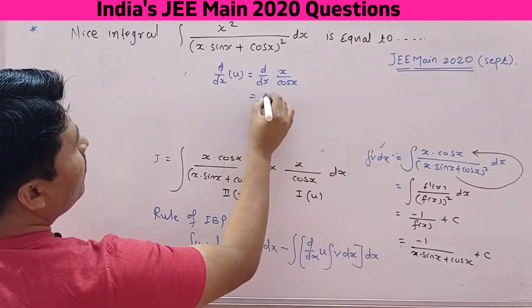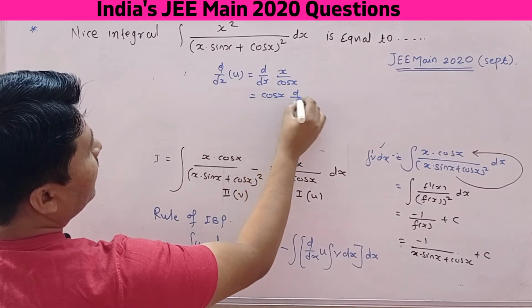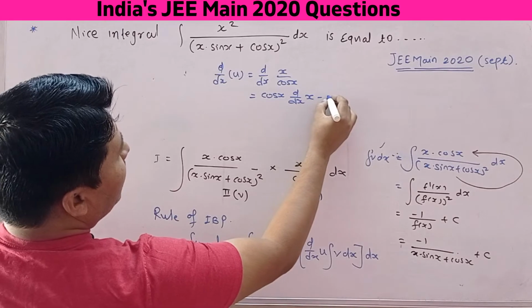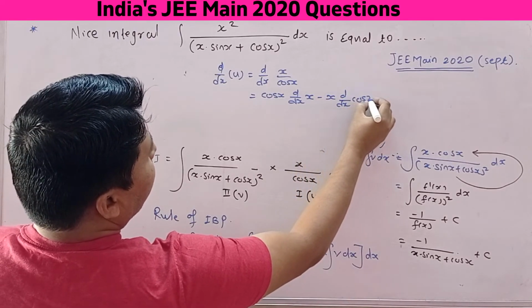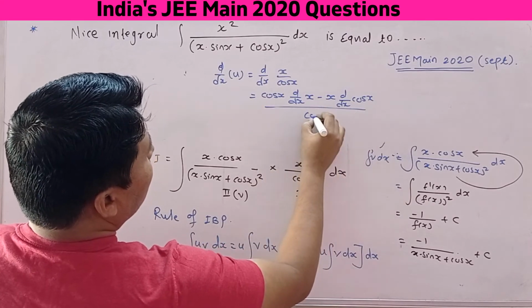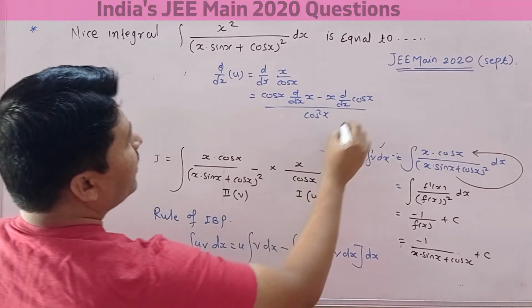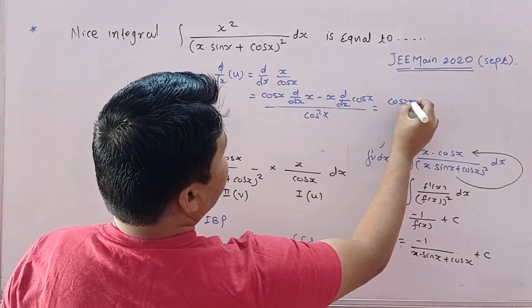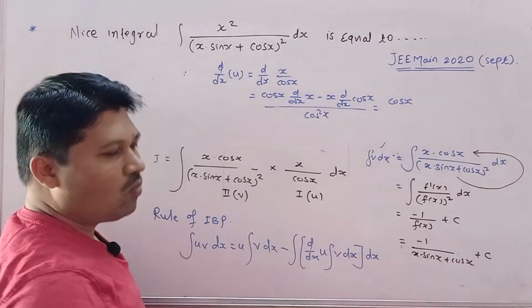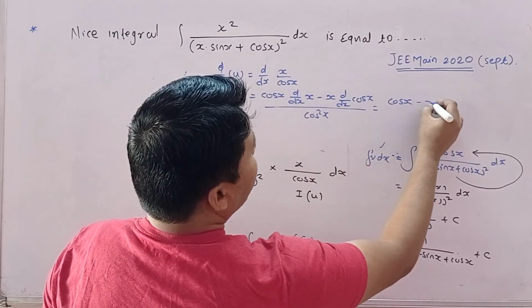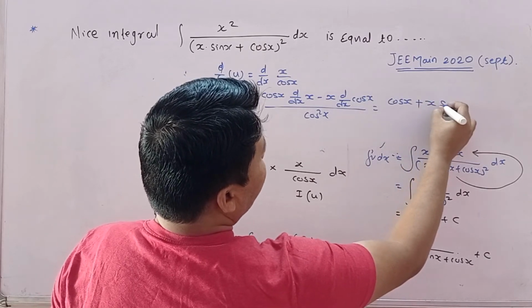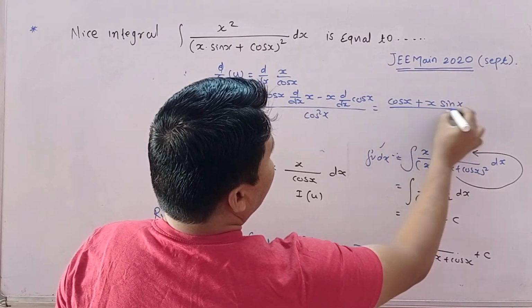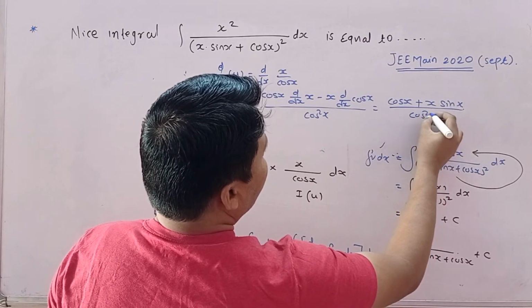Using the quotient rule: cos x as it is, times the derivative of x, minus x as it is, times the derivative of cos x, divided by cos squared x. This gives cos x times 1, minus x times minus sin x, which is plus x sin x, divided by cos squared x.